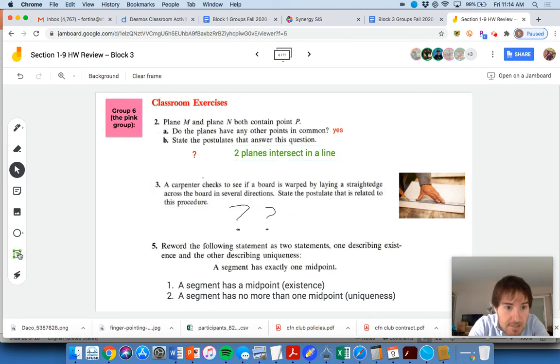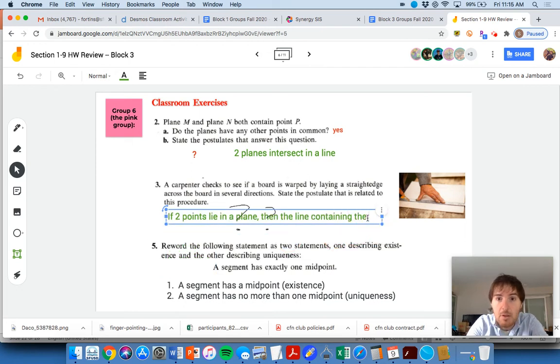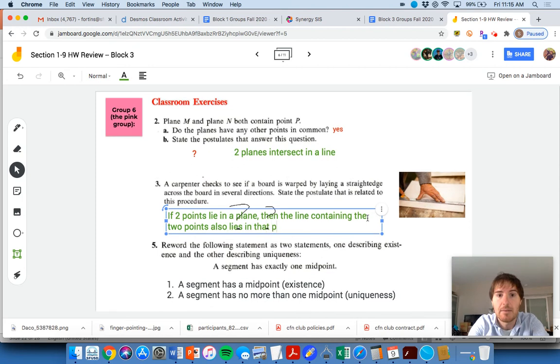So that is, if two points lie in a plane, then the line containing the two points also lies in that plane.